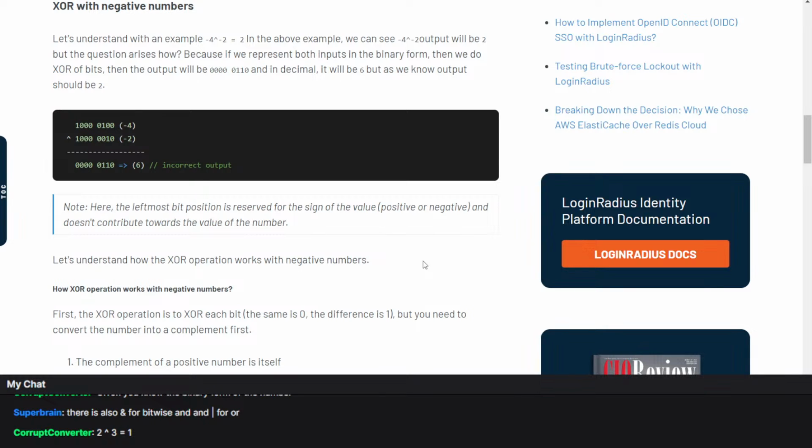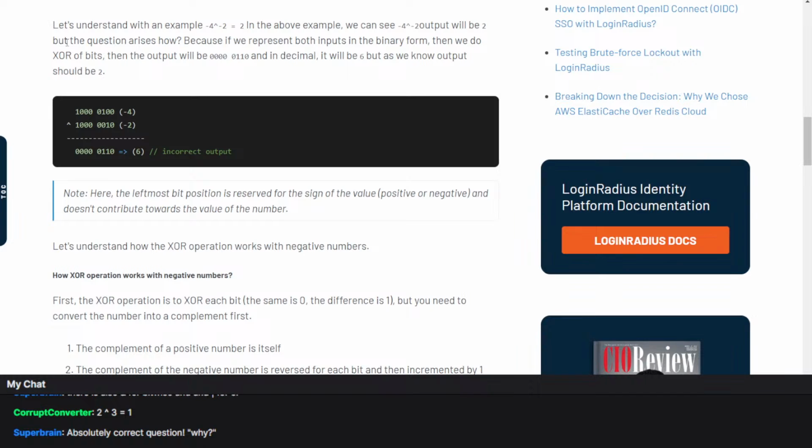Wait, all that's doing is... So this isn't related to actual exponents at all, is it? Superbrain says absolutely correct question. What? Why?